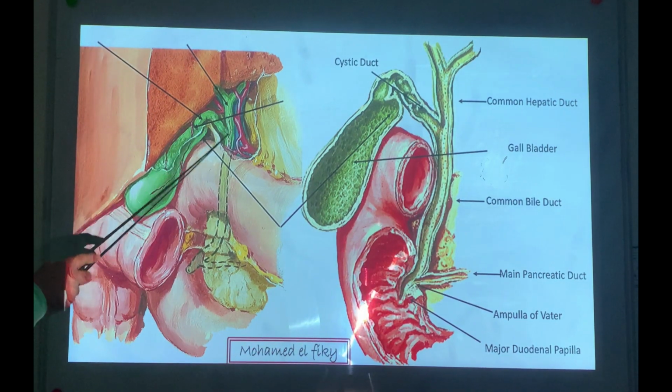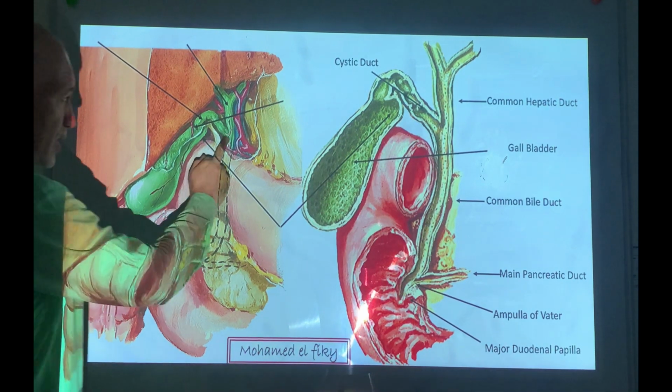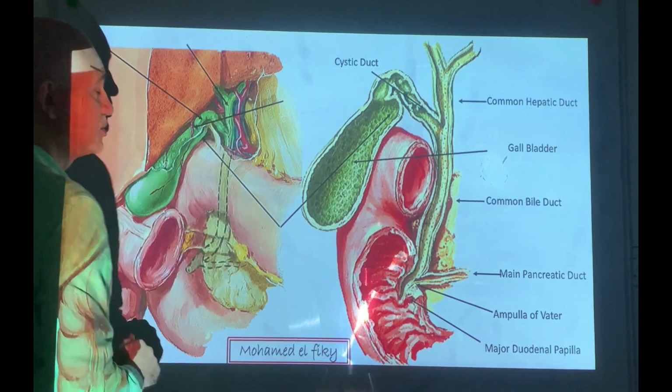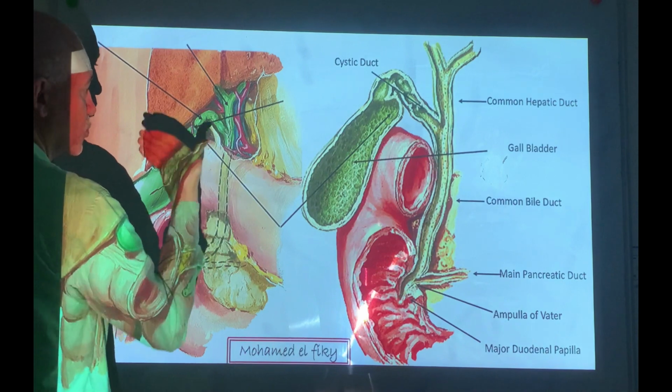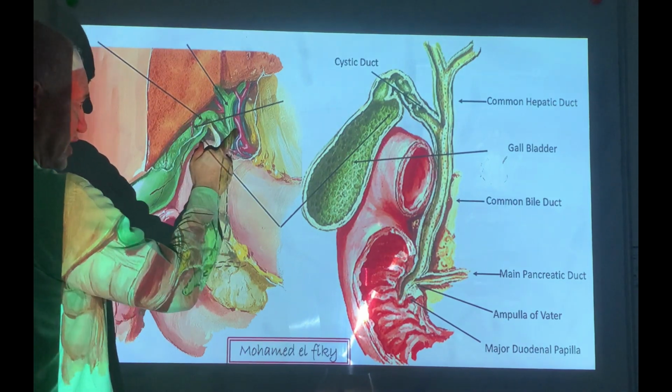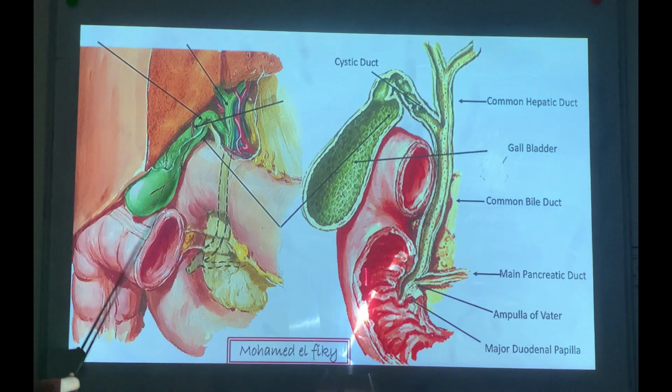Now again, the supraduodenal part is in the free border of the lesser omentum, posterior to the portal vein, and on the right side of the hepatic artery. The retroduodenal part is behind the first part of the duodenum. The infraduodenal or retropancreatic part is deep to the head of the pancreas.